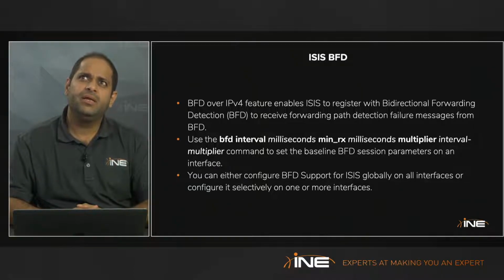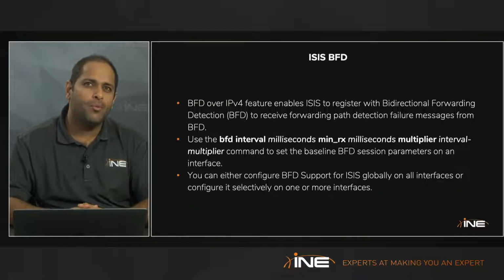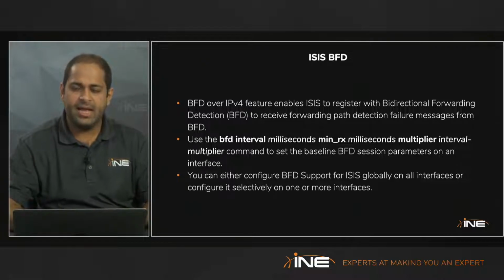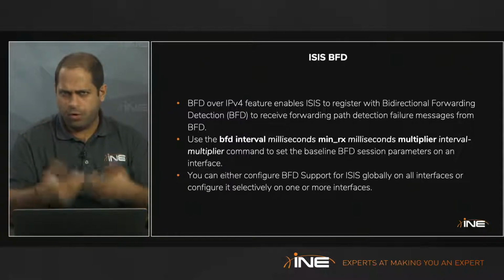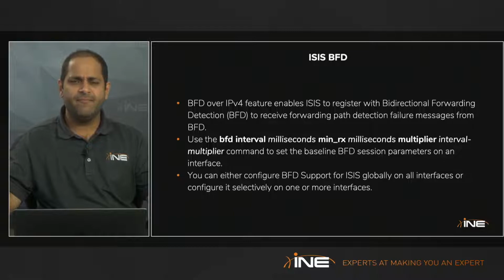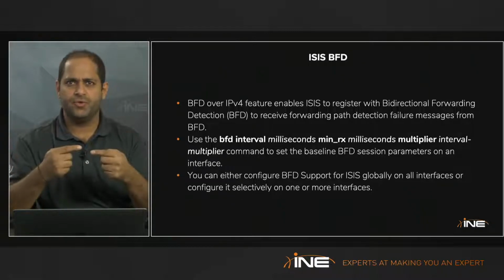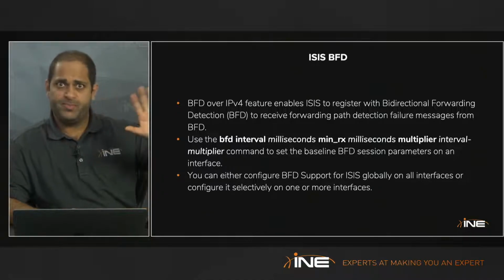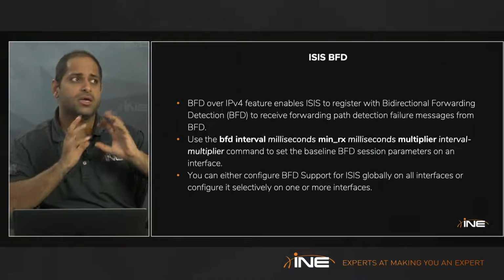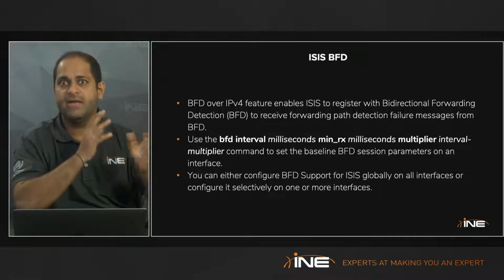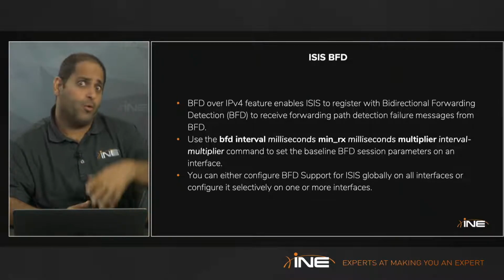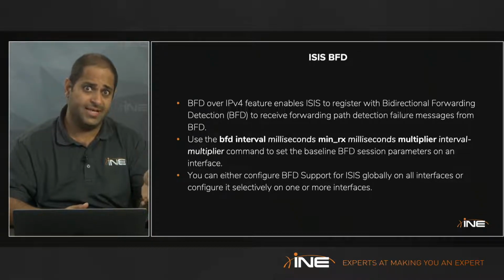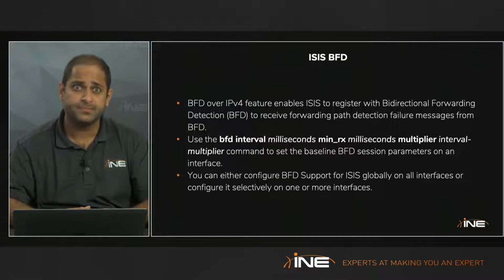Now, let me give you an example of how BFD would actually work. Let's say we have two routers and both routers are running OSPF or maybe IS-IS. They are sending hello packets if it's OSPF between the two routers, or they're sending LSPs. OSPF or IS-IS will still have their control plane link failure detection mechanism, which could be 40 seconds in OSPF by default if it's point-to-point, because your hello is 10 seconds and your dead interval is 40 seconds.